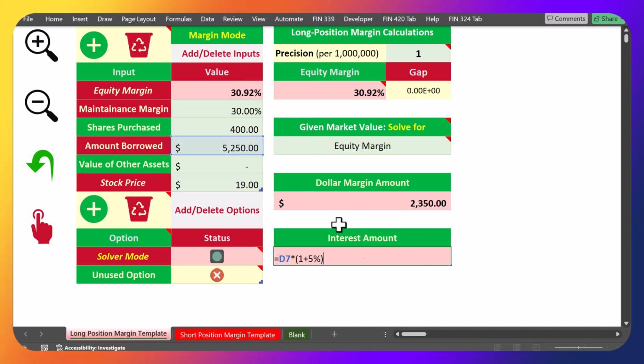Let's actually do this with the original amounts. Now, by the end of the year, she actually owes 5,250: 5,000 on the principal, and another 250 on the interest. So by the end of the year, our dollar margin is now 2,350.